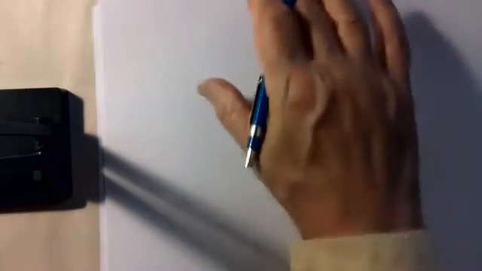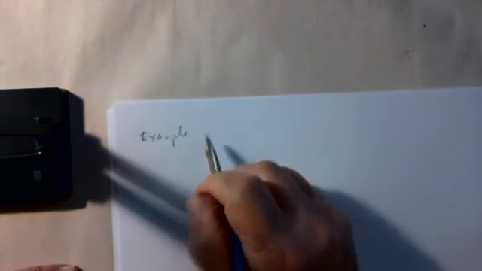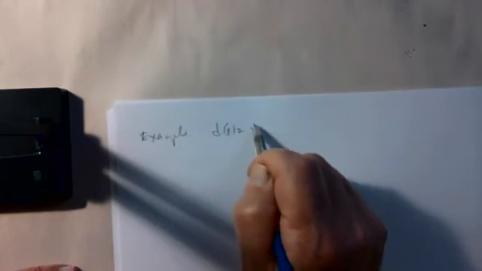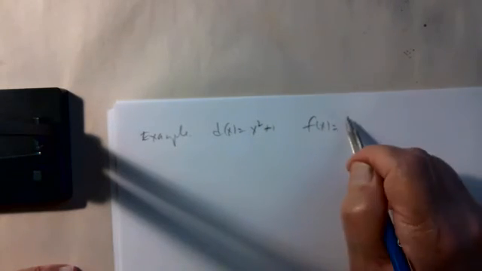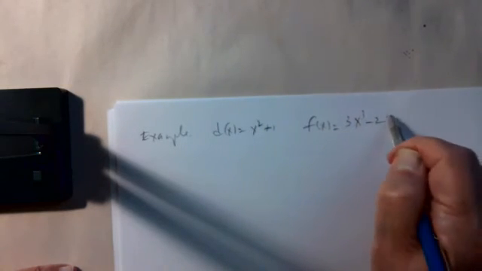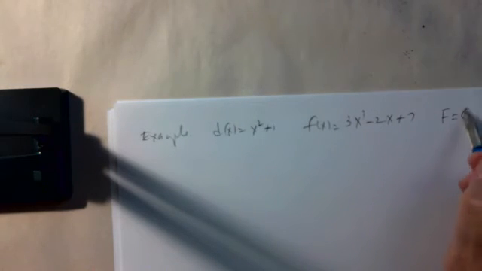So let's just do an example. Suppose I take d of x equal to x squared plus 1 and f of x equal to, I don't know, 3x cubed minus 2x plus 7. And my field is going to be the rational numbers.